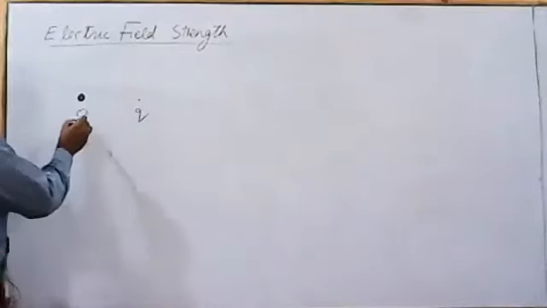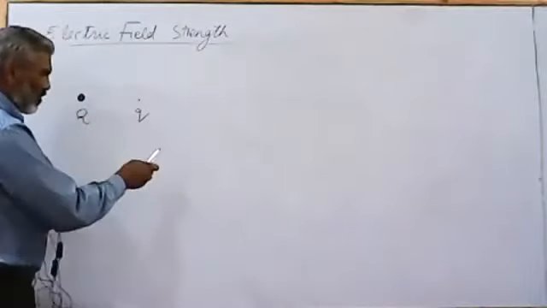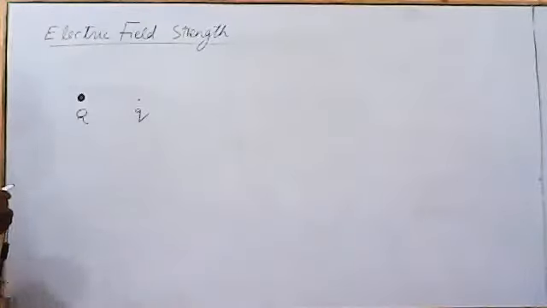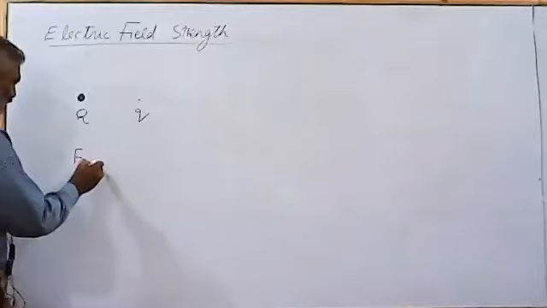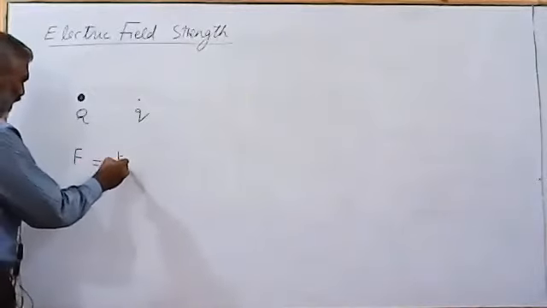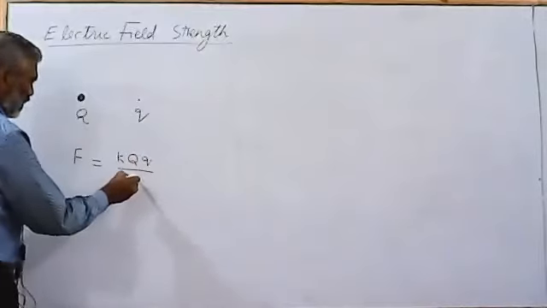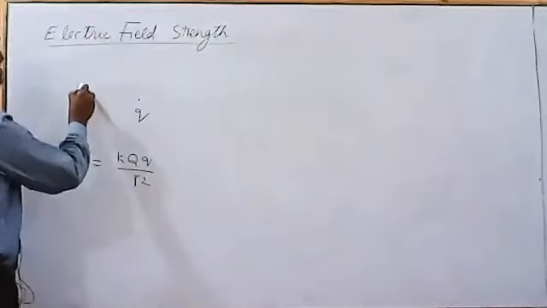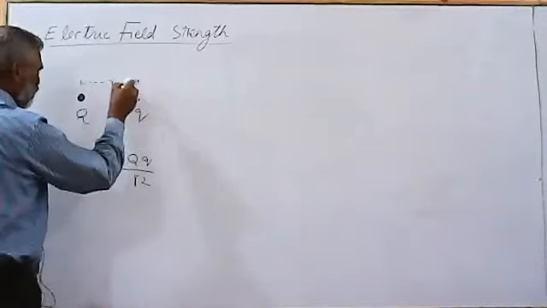We learned that the force that this charge exerts on this one, whether they are like charges or unlike charges, has a magnitude always given by F is equal to K Q q over R square, where R is the separation between these two charges.